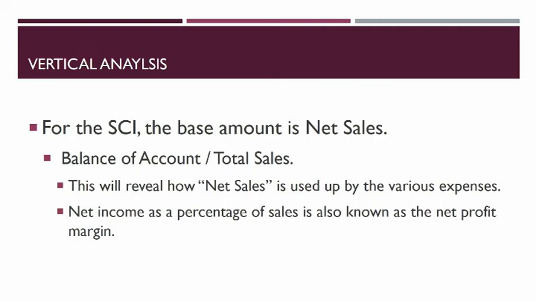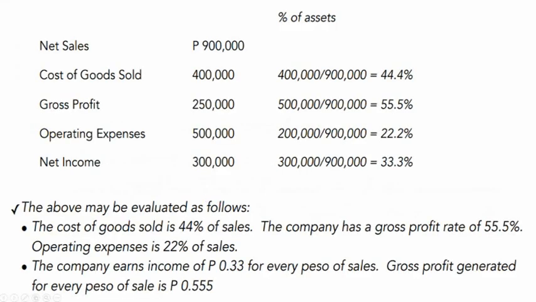Net income as a percentage of the sales is also known as the net profit margin. So, yung net income natin, dito din natin mabibase yung net profit margin. So, for example, we have the net sales, the 900,000, cost of goods sold, gross profit, operating expense, and net income na 300,000.